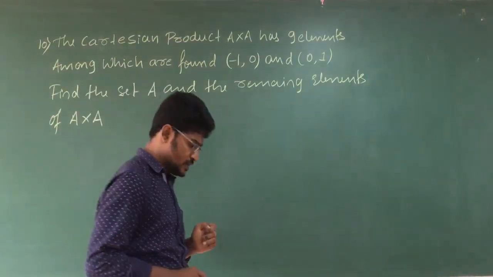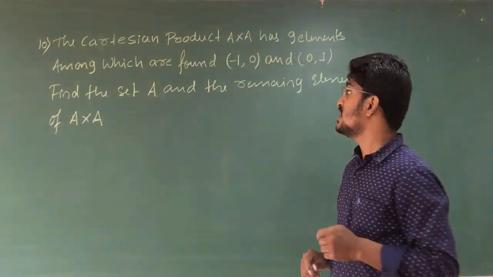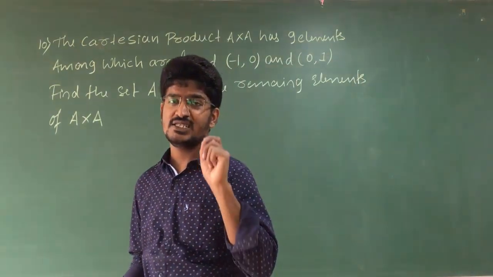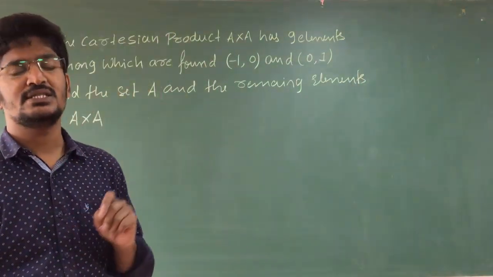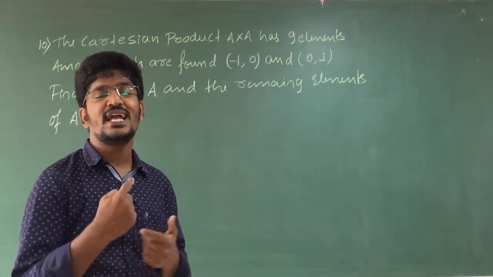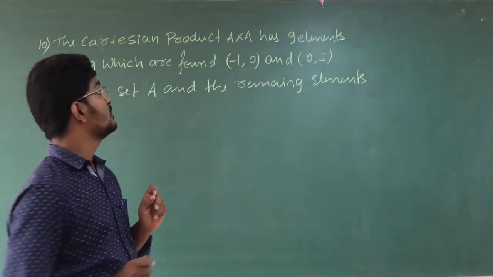Okay students, now let us see the 10th question, that is the last question of your exercise 2.1. Clear? In the 10th question, what they are telling is the Cartesian product A cross A has 9 elements. That means there is one set A, and they are calculating the Cartesian product with itself, that is A cross A. Are you getting my point?